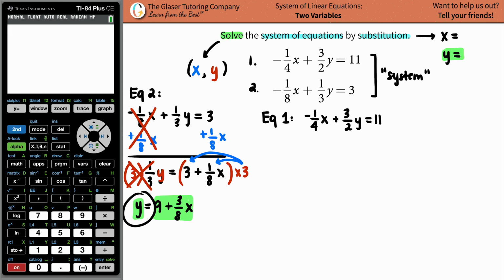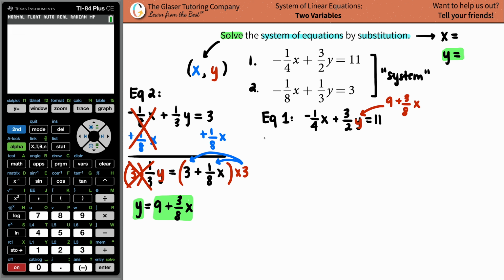We solved for y equals, so find the y. Here's the y. So this is where your substitution comes in. You're substituting out the y for what we just solved for. And that way, we don't have two separate variables, we'll just have one. So in comes the 9 plus 3 over 8x.